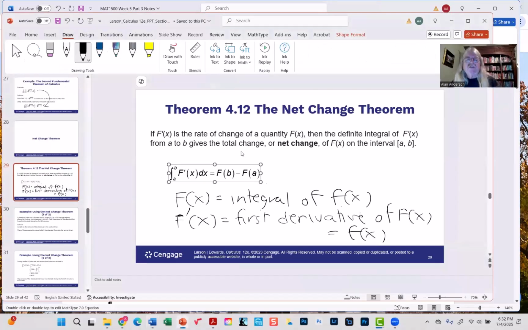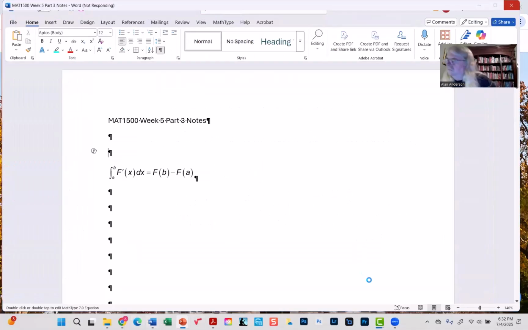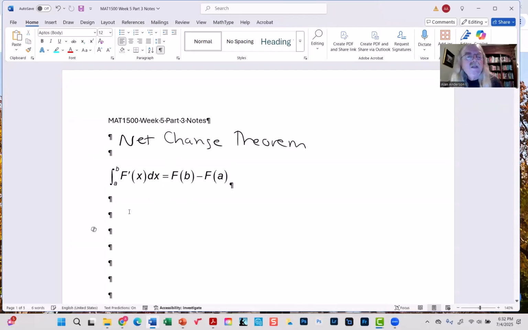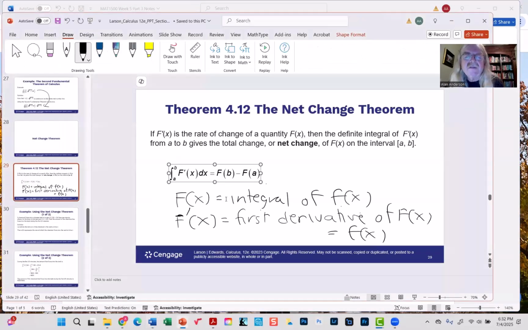All right. So again, this is the net change theorem. Here's the example they're going to give us.